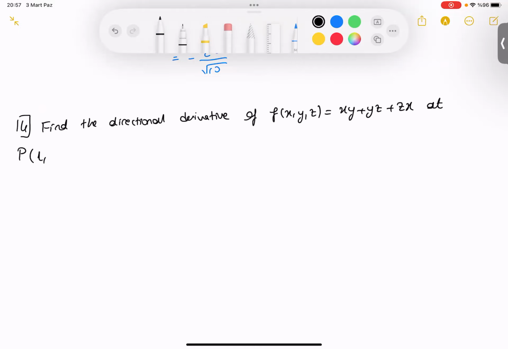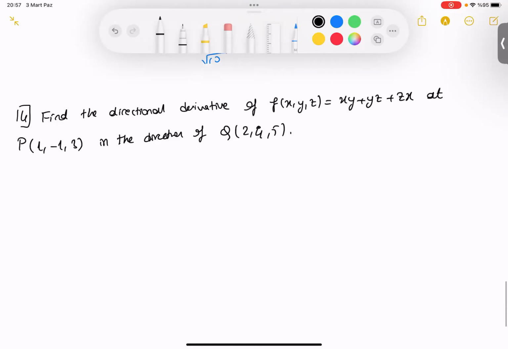The point is (1, -1, 3). The direction is this point. So you're not given a vector, but a point, a direction with a point. So you will write your vector yourself.